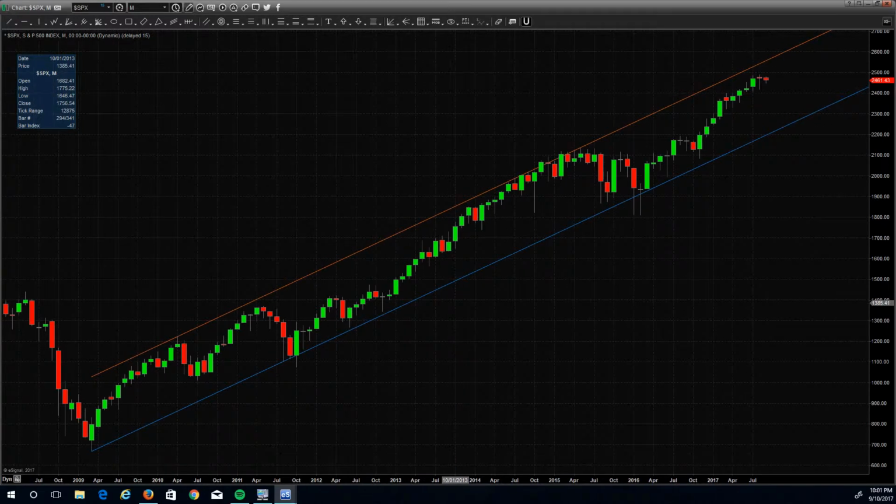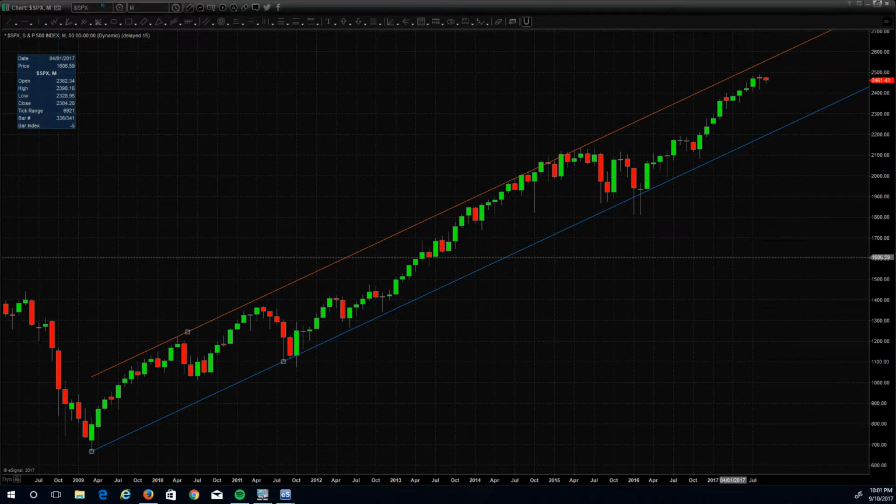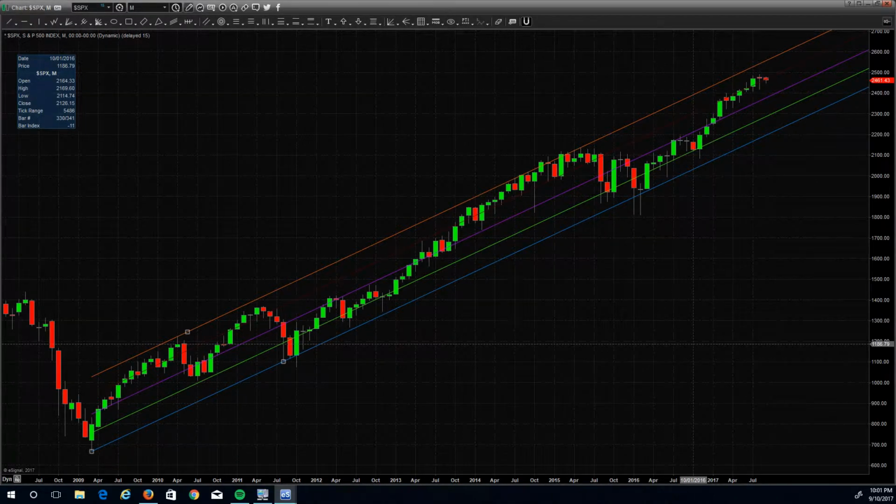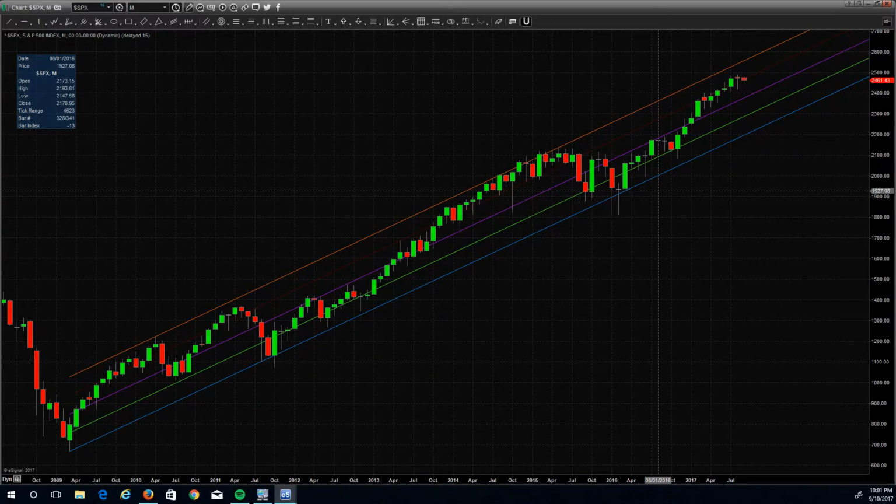So let's bring up the three different slices within the trend channel line. We're going to bring up the 25, 50, and 75% levels. And it's just amazing how prices react to these levels. It's just showing that these levels are being respected somehow, some way, that institutions are looking at these levels.